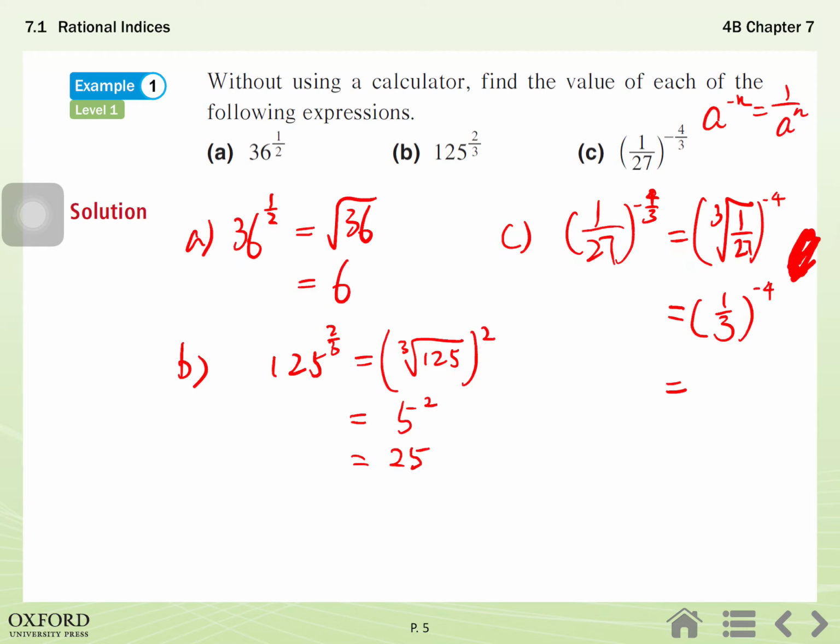So accordingly, for inside we will have 1 over 81, and 1 over 1 over 81 will be 81. So the answer is 81. Alright.